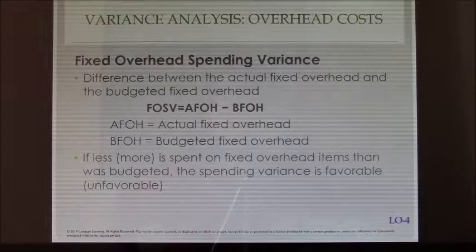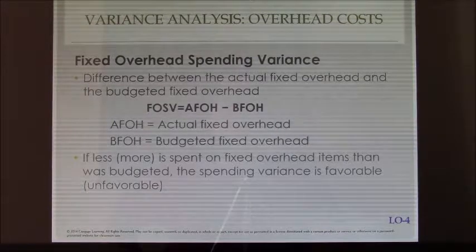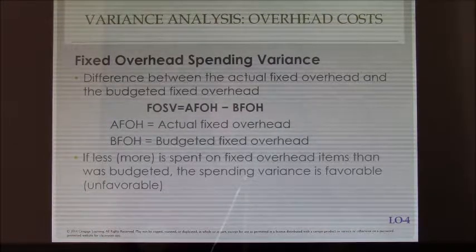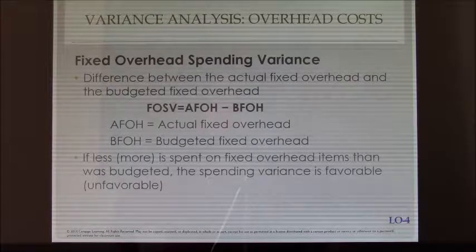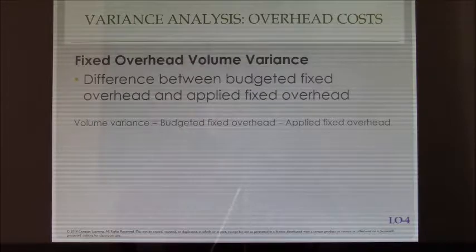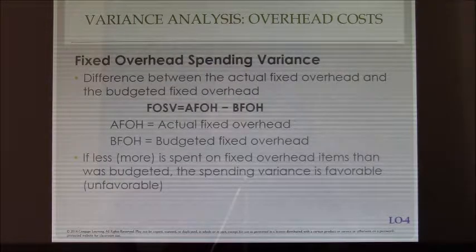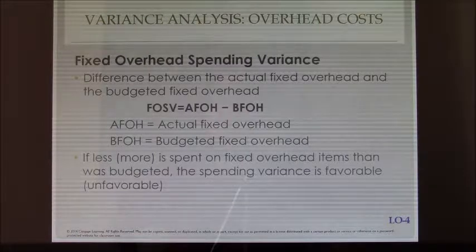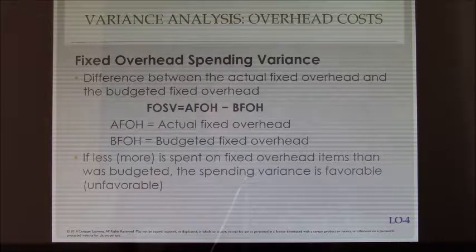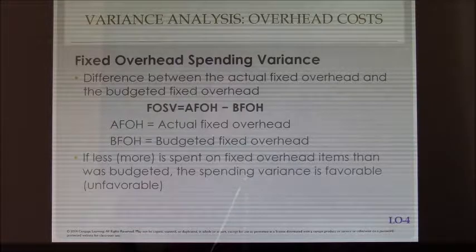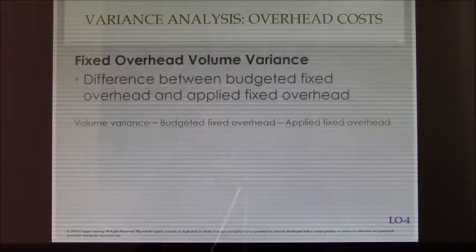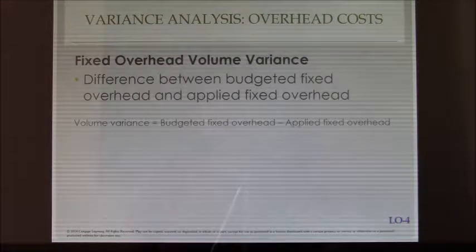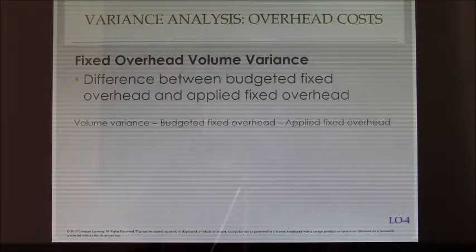All right, fixed has the same thing going on. You can have a fixed overhead spending variance and a volume variance, and you have the formulas for those. The fixed overhead spending variance is the actual fixed overhead minus the budgeted fixed overhead, and the volume variance is budgeted fixed overhead minus applied fixed overhead.